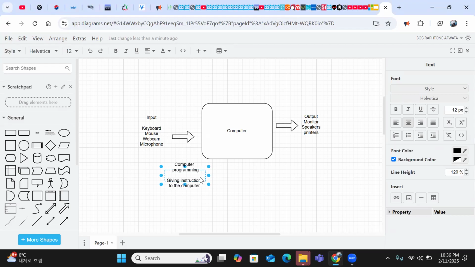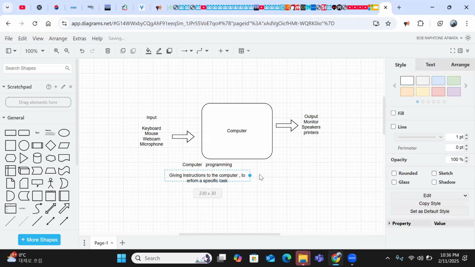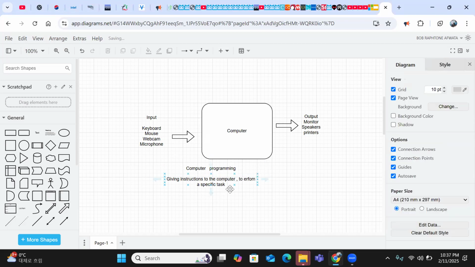You're giving the computer an instruction to perform a specific task. So you are giving the instruction to the computer and you want the computer to perform a specific task.